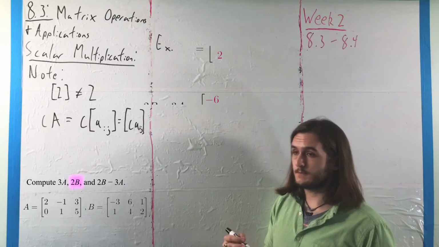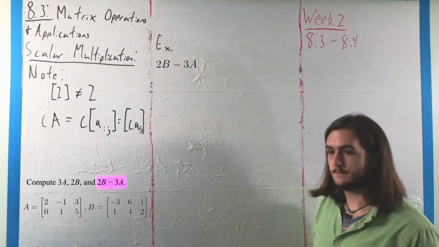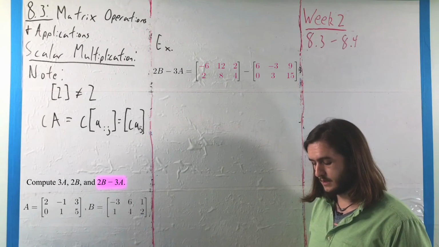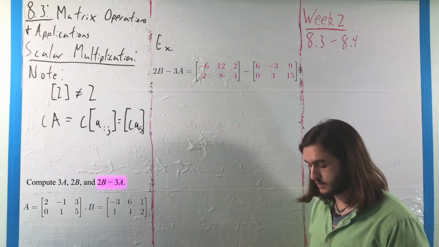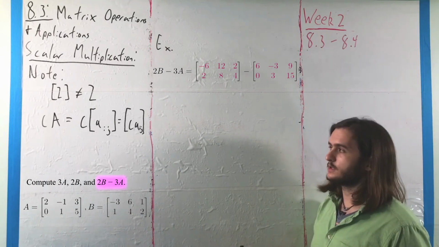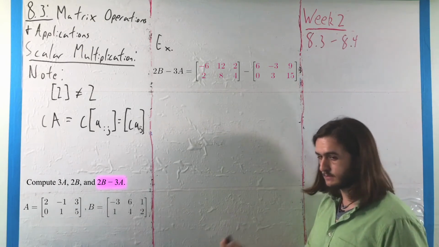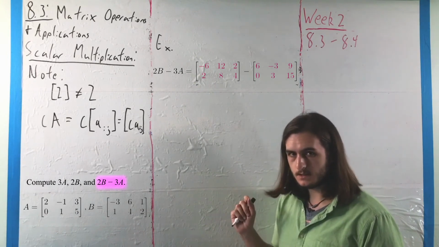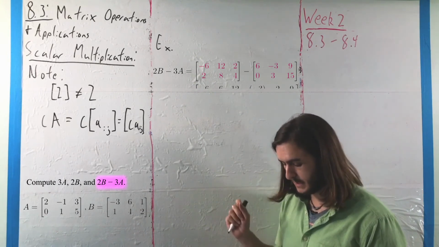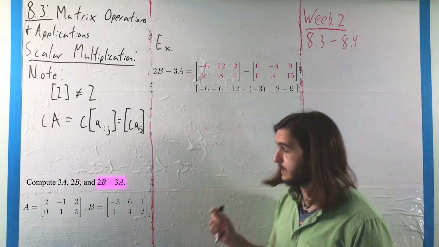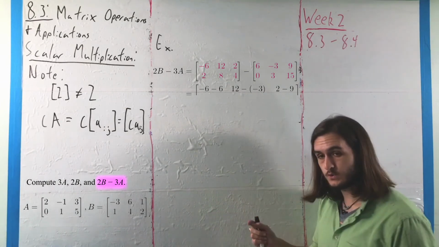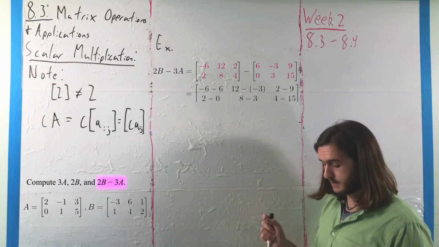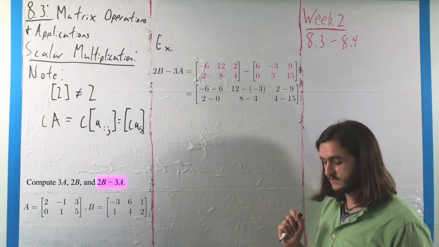And then finally for our third piece, if we take the two that we did and put them together to get 2B minus 3A, we're taking that matrix from 2B and subtracting from it the matrix 3A, which means going piece by piece. -6 minus 6, 12 minus -3, 2 minus 9, 2 minus 0, 8 minus 3, and 4 minus 15.